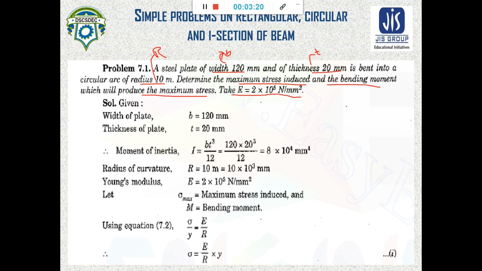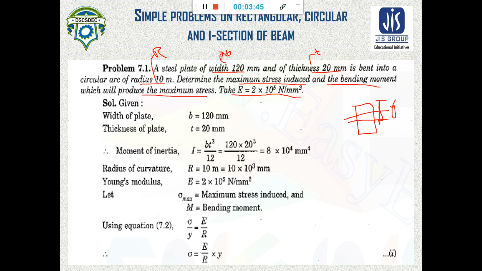If this is the section and this is the neutral axis, meaning the axis which passes through its center of gravity, then the outermost layer will be at this much distance, and this will be your y.